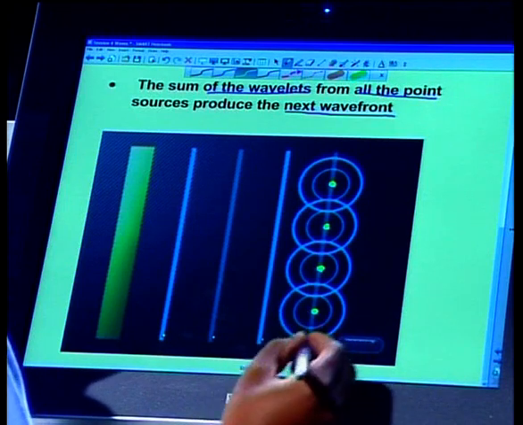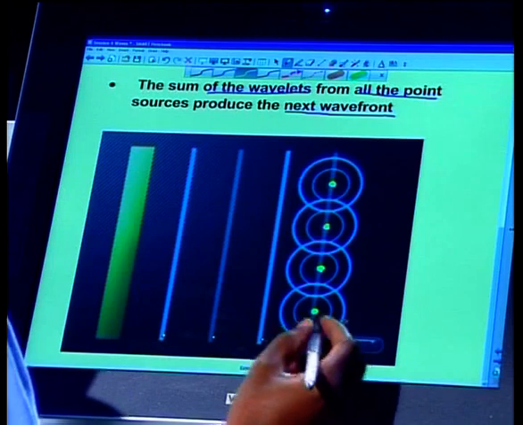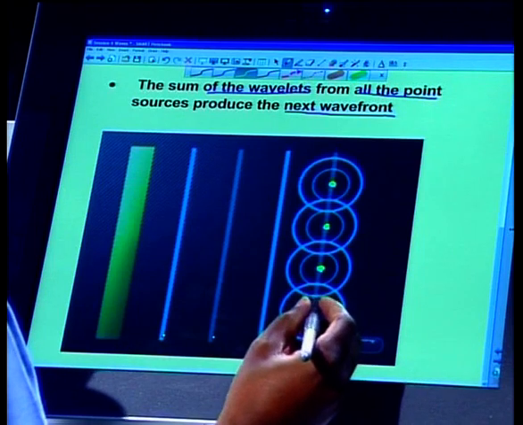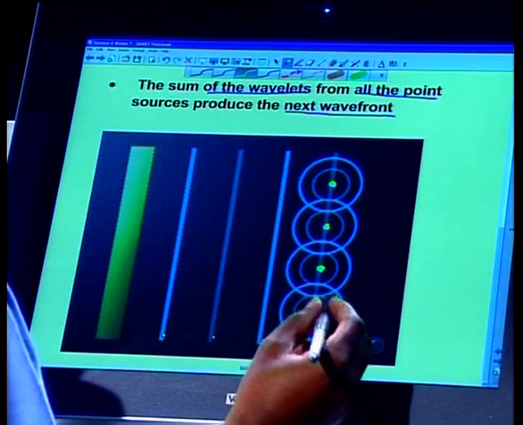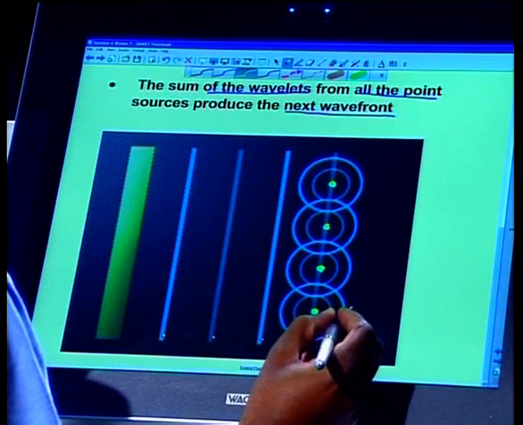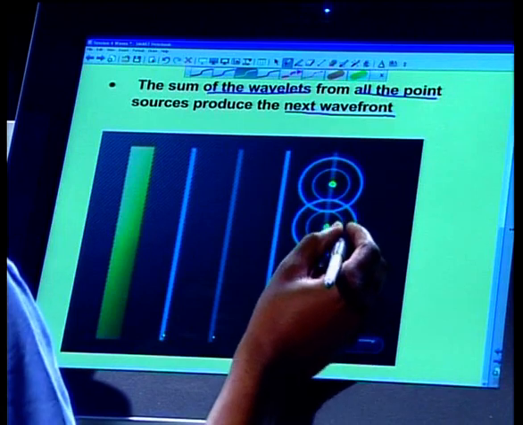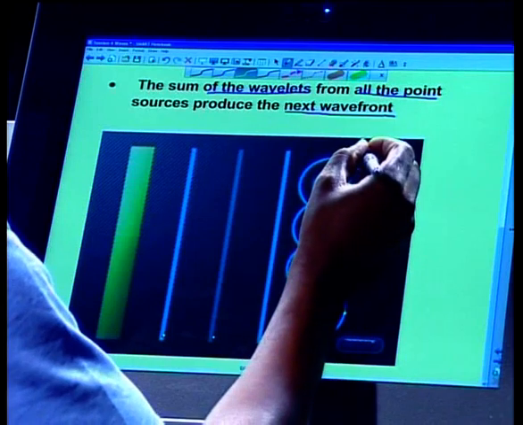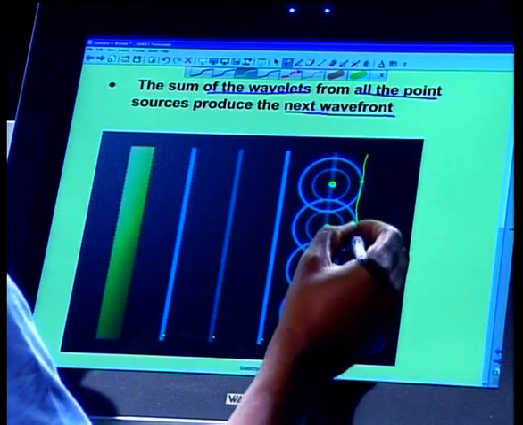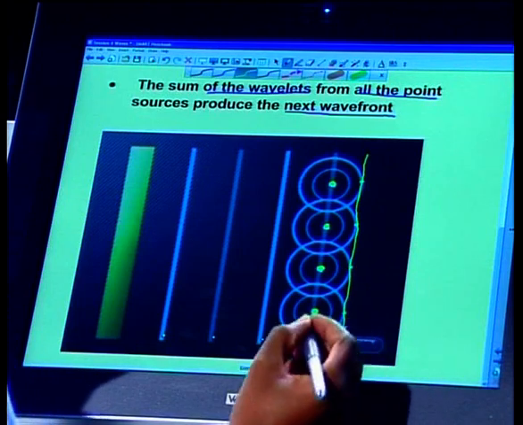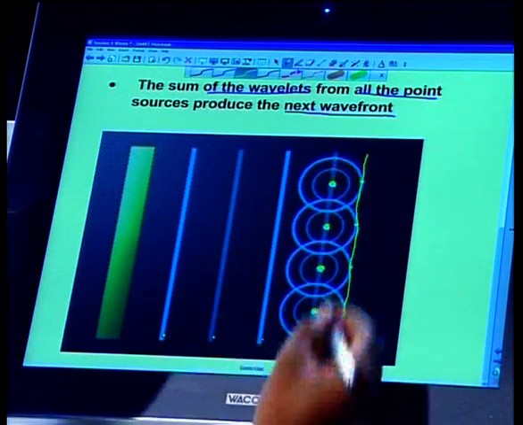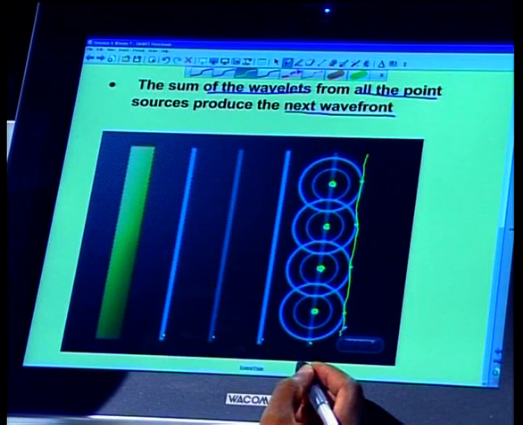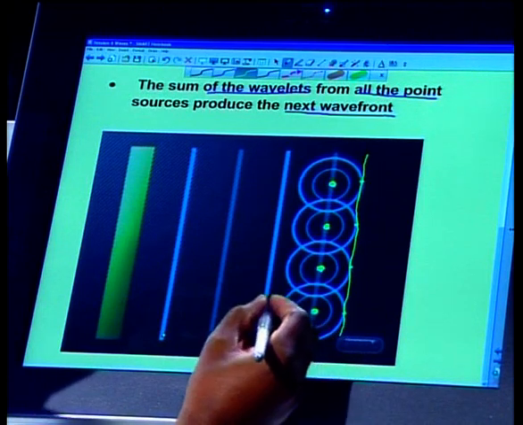The waves move in a circular form. And what Huygens is saying is that all points that are in phase on the secondary wavelets form another wave front. So that is what is happening.